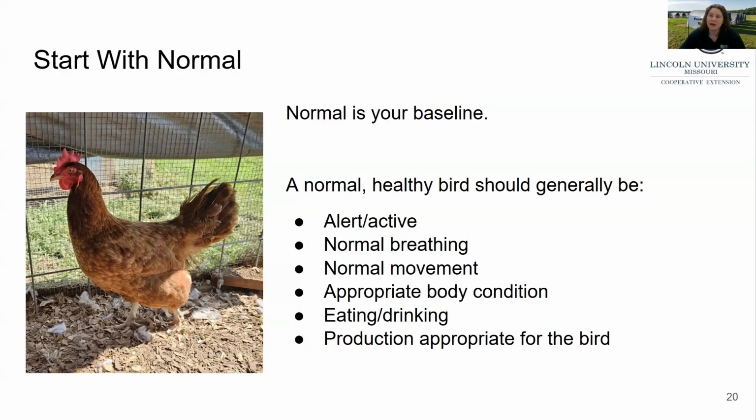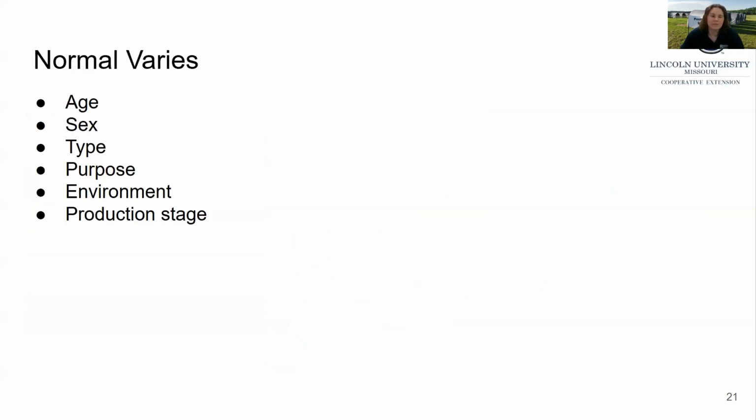Many times we're going to rely on the owner or producer for their evaluation of how different this is from their normal, or what is normal for their flock and how different the abnormal is. But the more time that you spend around poultry, the more comfortable that you'll get recognizing what normal looks like for different birds and different situations. And it's really important to think about the fact that normal does vary a lot.